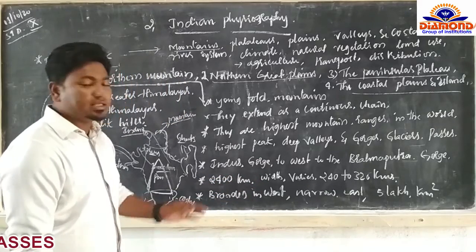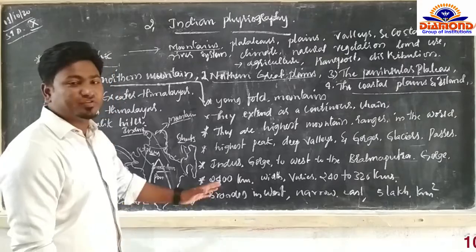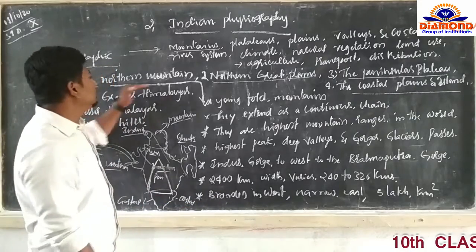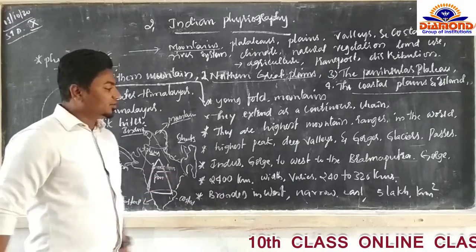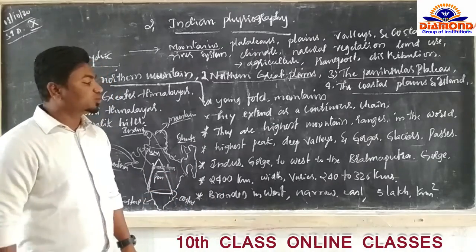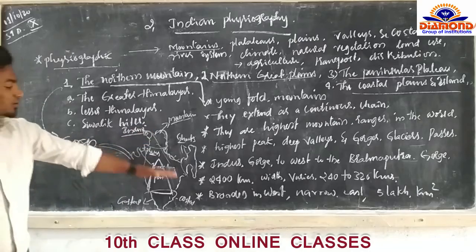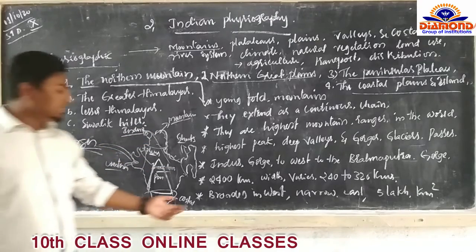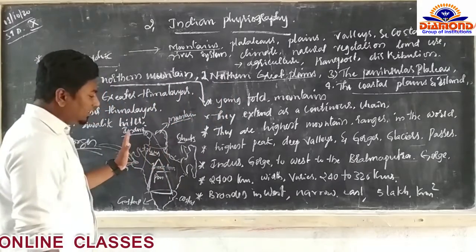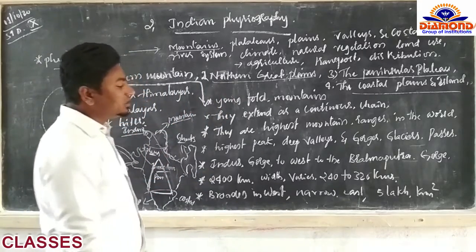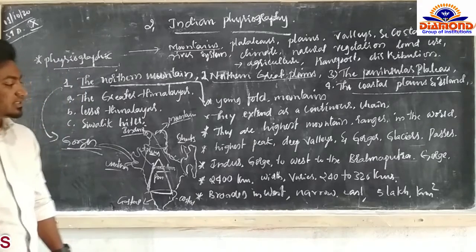We have such great ranges of the northern mountains. They are broader in the west, and narrow in the east.